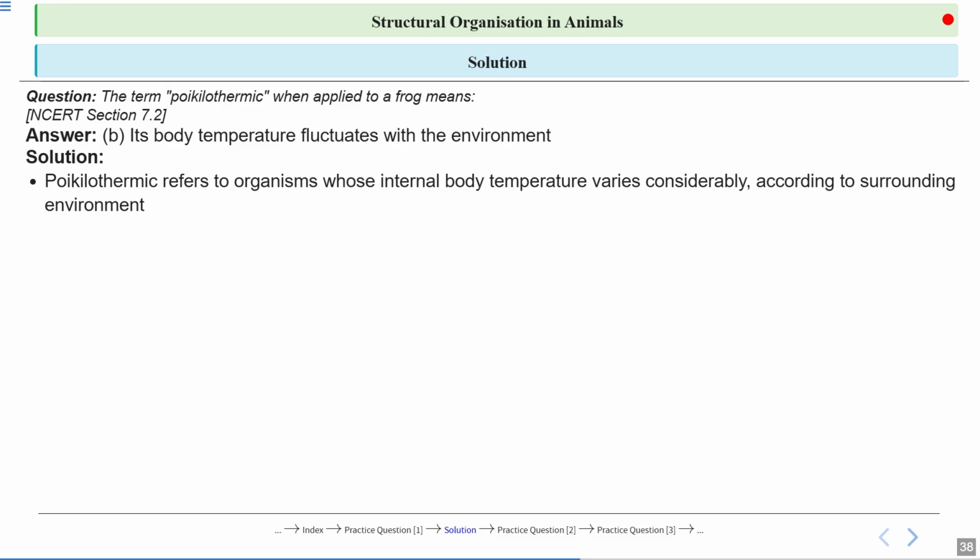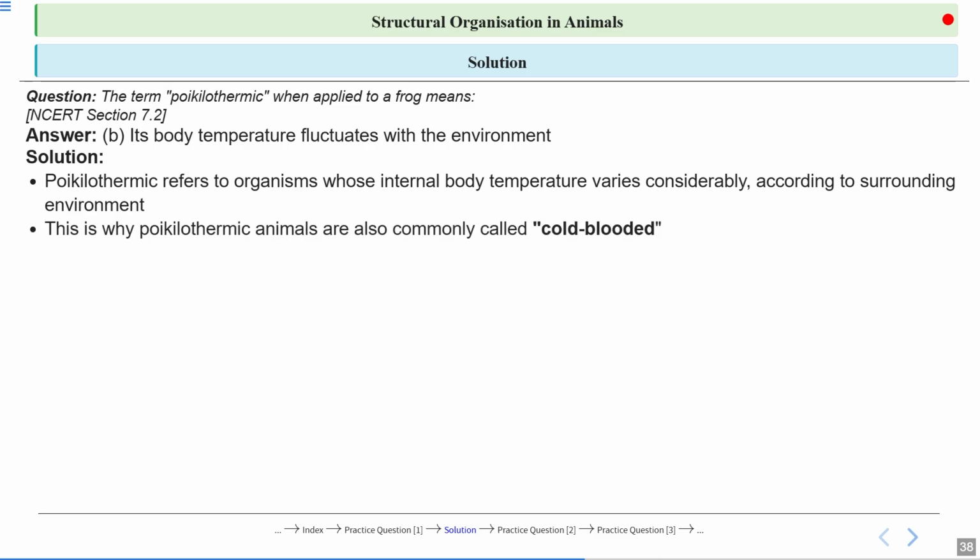Poikilothermic refers to organism whose internal body temperature varies considerably according to the surrounding environment, right? So they cannot maintain their internal body temperature and it varies considerably.